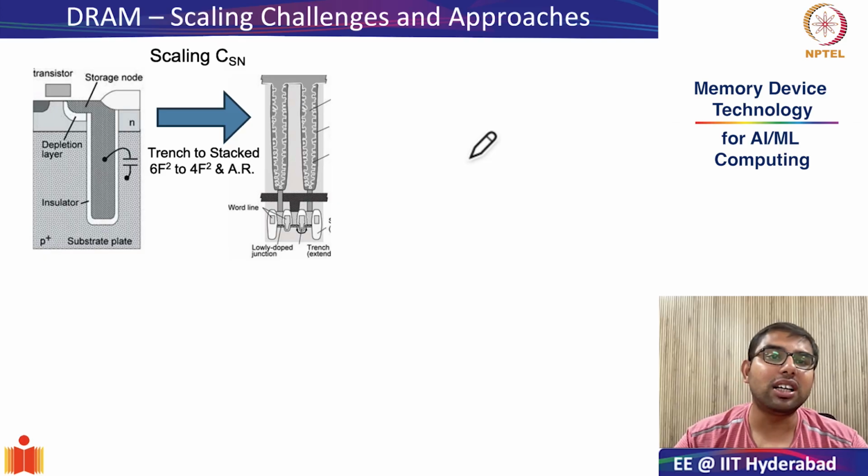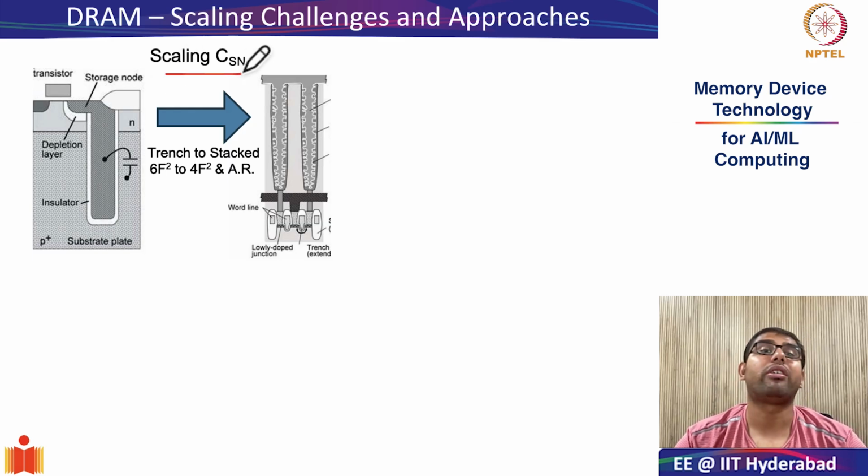Finally, we looked at the scaling challenges and approaches to solve these scaling challenges. First, as I had mentioned, the primary scaling challenge in the DRAM cell was trying to scale the storage node capacitor. So, before 70 nanometer node, we were using the so-called trench capacitor, which had an area scalability only of 6F squared.